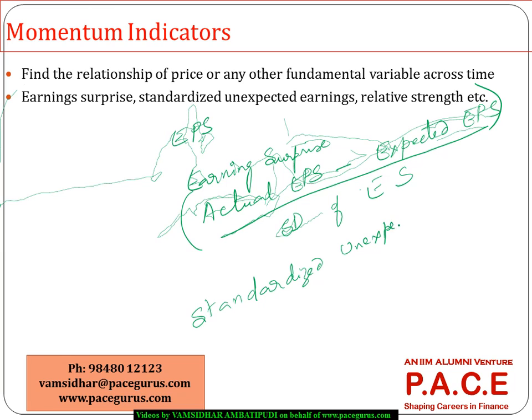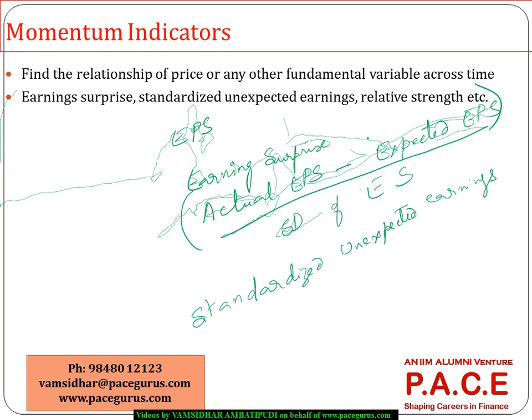So all these things play a very important role as a part of our decision process. If we always see that the earnings surprise is more or less positive, it means the company is going to generate continuous abnormal returns compared to what is expected.